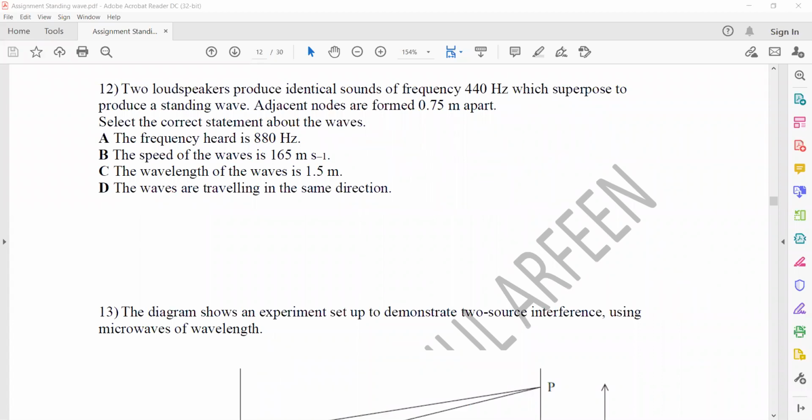Repetition is also there. In question 12, two loudspeakers produce identical sound of frequency 440 Hz, which superimpose to produce a standing wave. The adjacent nodes formed are 0.75 meter apart. Select a correct statement about the wave.